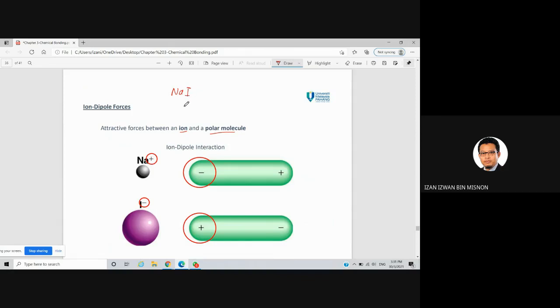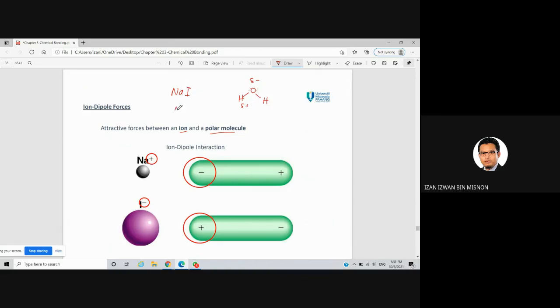When we dissolve it in water, water will have polarization. Oxygen will be more delta negative since it has more electron density, and hydrogen will be more delta positive.